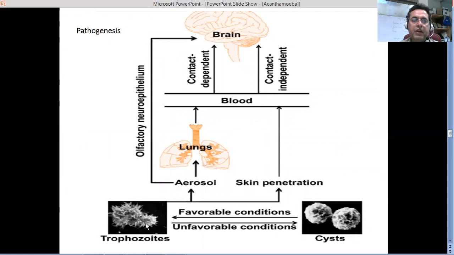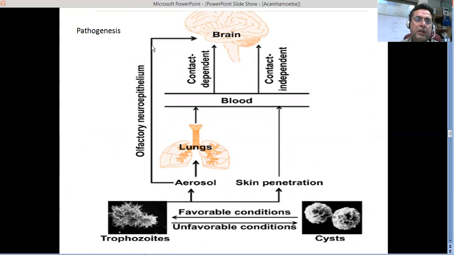This is the pathogenesis. Its infective stage is the trophozoite. The cyst would convert into trophozoites, and the trophozoites then would get into your bodies by two different means. With the help of aerosols, the aerosols can either go into your respiratory tract through the lungs and then join the blood and reach your brain.